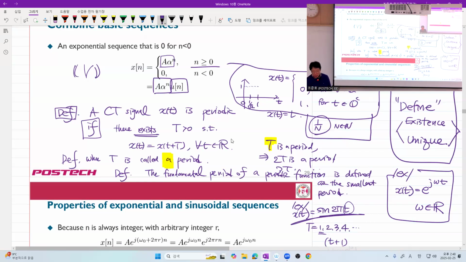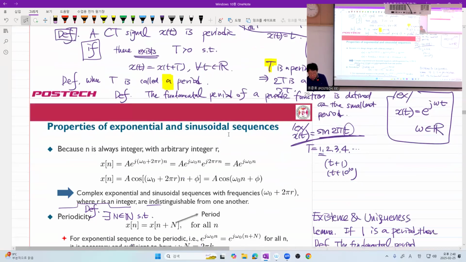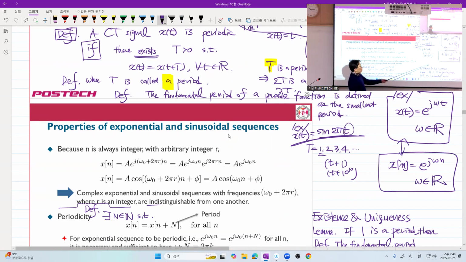Now, let's move to a discrete time signal. We ask the same question. Is this signal a periodic signal? And as I told you, it is usually not.